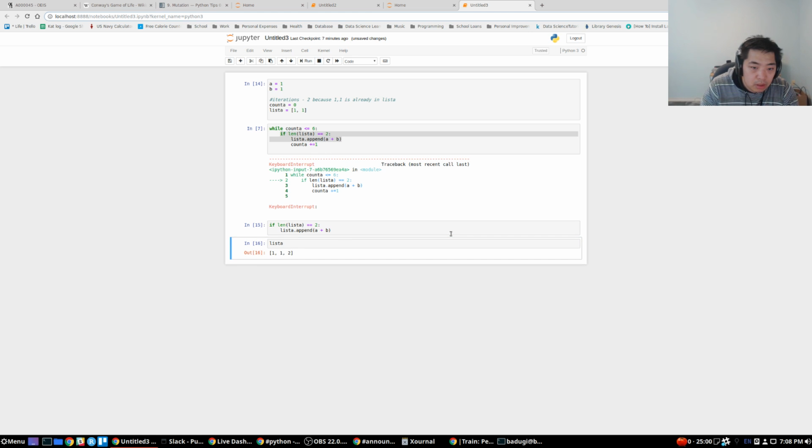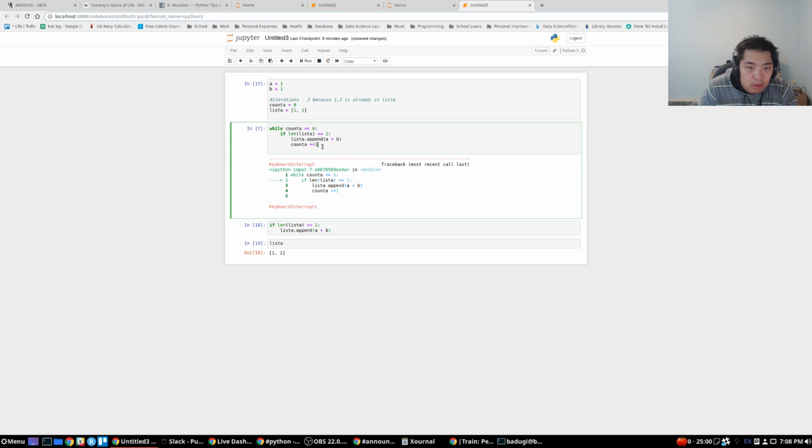Okay. This wouldn't work. Good. Okay, that makes sense. So I did plus equals 1. Counter is less than or equal to 6.